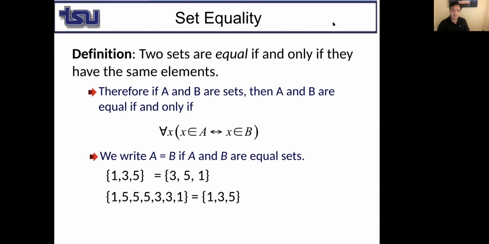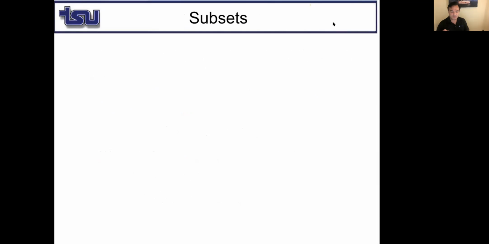Okay, because we are talking about distinct elements, 5, 5, 5 are not distinct, they are the same. 3 and 3 are not distinct. So distinct unordered elements. So here, this set and this set are equal, this set and this set are equal. Sometimes if you want to specify that 5, 5, 5 should be considered separately, then we use the multiset concept, but I'm not going to get into that.